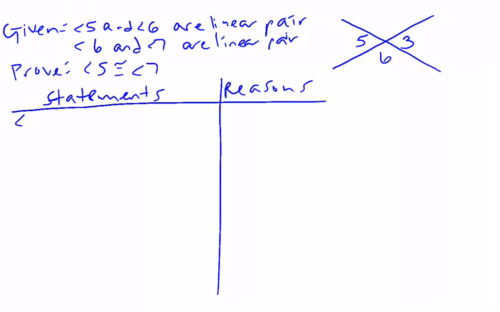So my given is that angle 5, angle 6 are a linear pair. I'm abbreviating a little bit for time. And angle 6, angle 7 are a linear pair. And I'm going to fit all of that into that first spot on your paper. That is given.